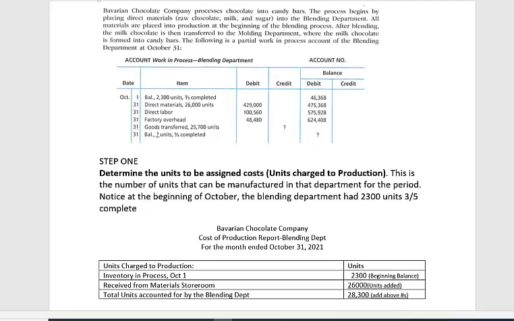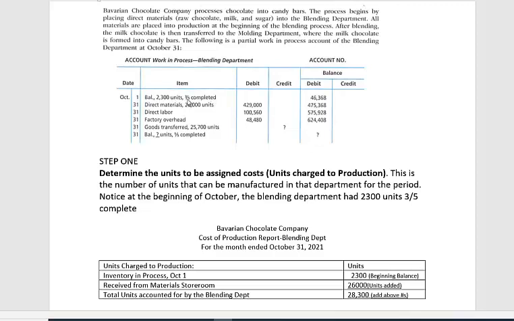Okay, so what we're going to do in step 1 is determine the total number of units that we need to account for. So that's pretty easy. We just take the beginning 2,300 units. These were in process at the end of September, and so at the beginning of October we've got 2,300 units in inventory, and they're partially completed.